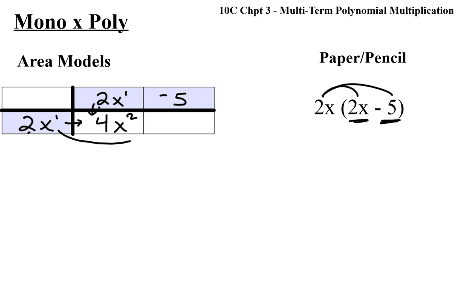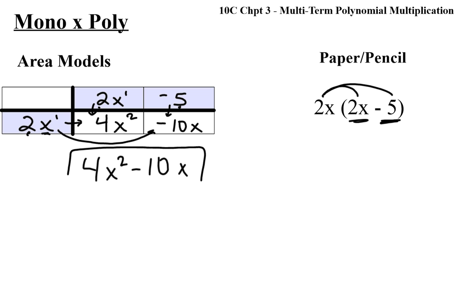Then I take my 2x and multiply it by negative 5. That leaves me with a negative 10x: 2 times negative 5 is negative 10, and x times nothing leaves us with an x. So we end up with 4x squared minus 10x with the area model.